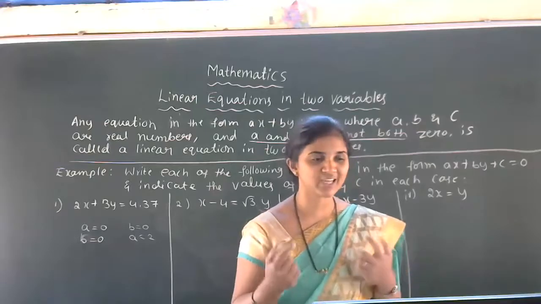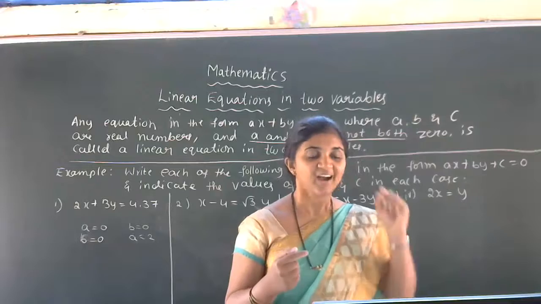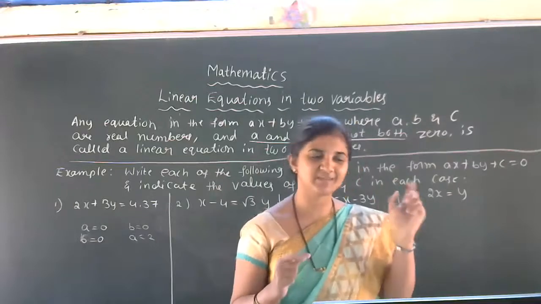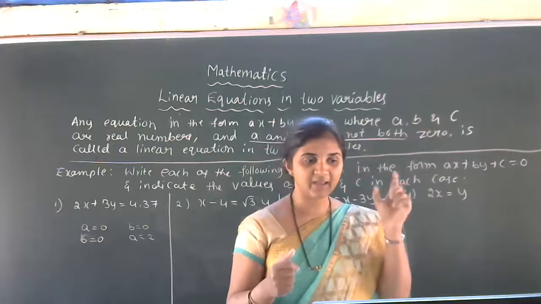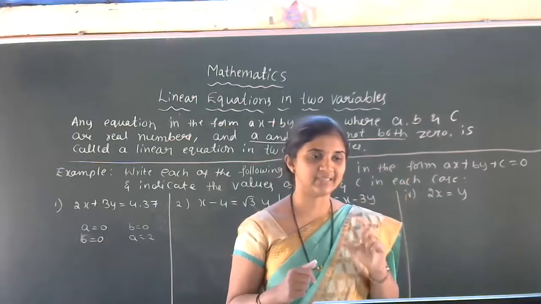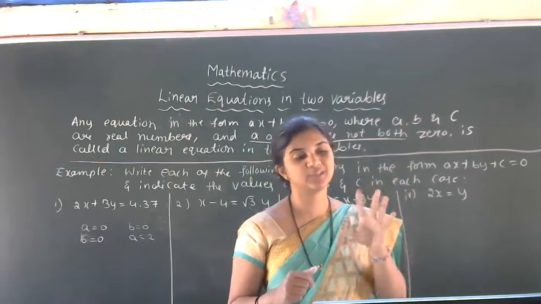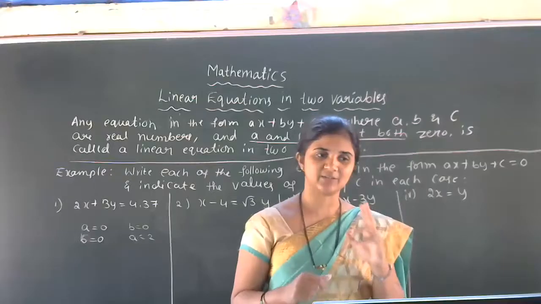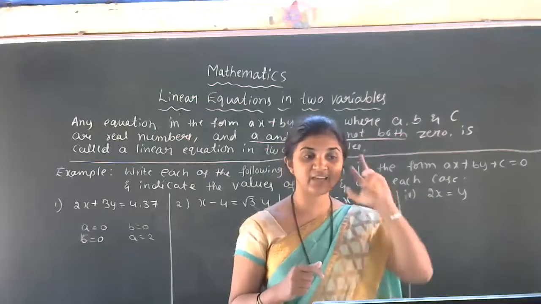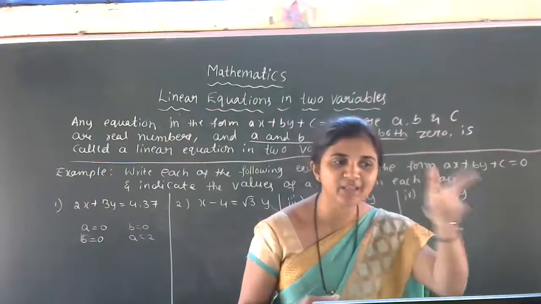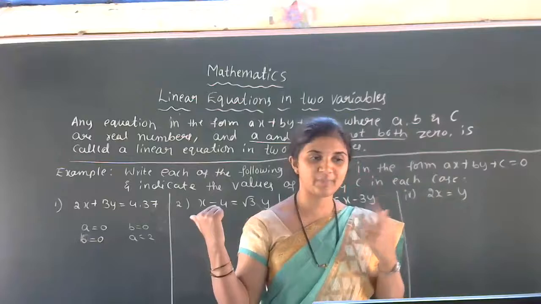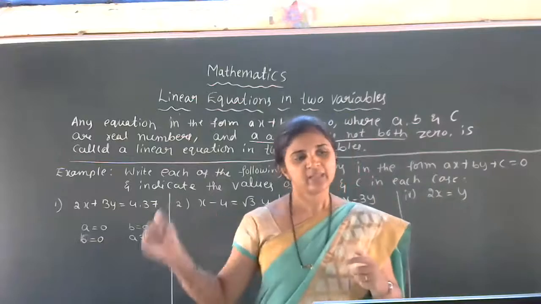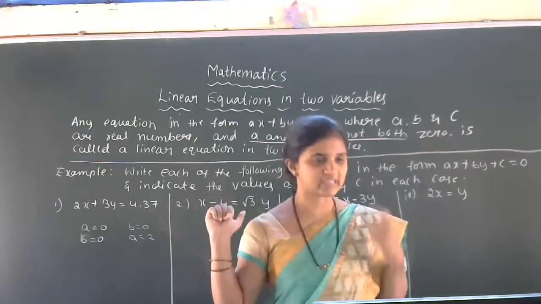No, no chance. Either a is equal to 0 for some equation, but b is there, which means the x variable is absent there. Or b is equal to 0, which means the y variable is absent. So we can convert a linear equation in one variable into the form of a linear equation in two variables by taking a or b equal to 0. That we will discuss by solving the problem.